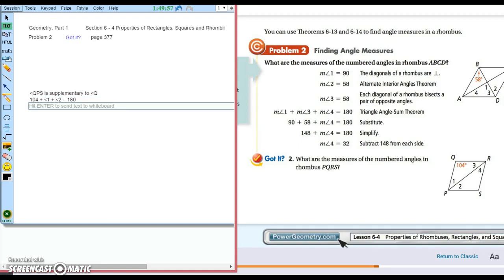So if we subtract 104, you get 76 for angle 1 plus angle 2.